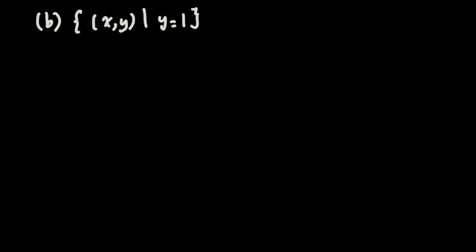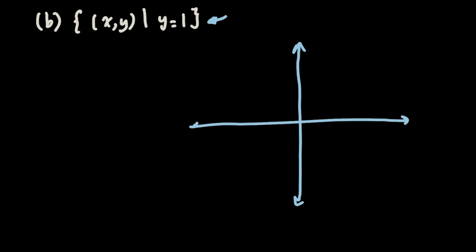Let's see part B. We want to graph this set here. The first step that we should do is to draw the coordinate plane. So this is the coordinate plane. When we look at the set, here we have x and y such that y equals 1. So the value of y is always 1, and x could be any number.